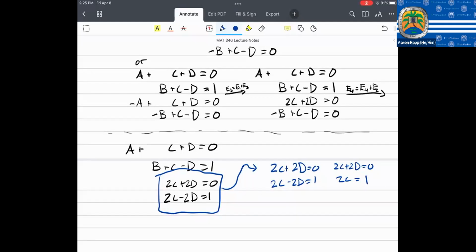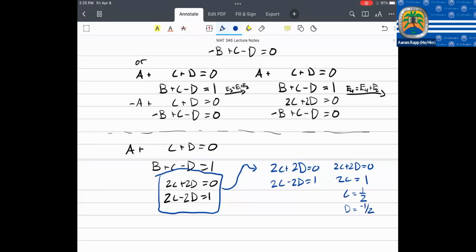Which then means C has got to be equal to what? All right, well, if C is equal to 1/2, what does D have to be equal to? So I now know what C and D are.